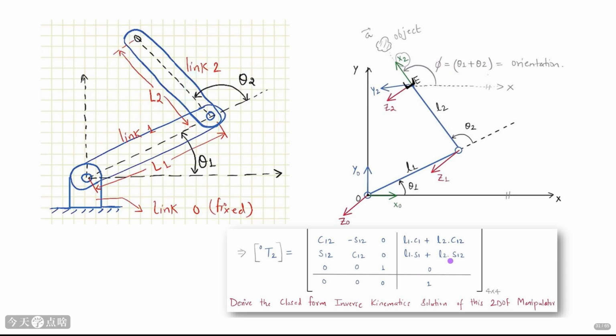The position part of this matrix is given by the vector L1 times C1 plus L2 times C12, L1 times S1 plus L2 times S12, 0, where C1 is cosine of θ1, S1 is sine of θ1, C12 is cosine of θ1 plus θ2, and S12 is sine of θ1 plus θ2. Our goal is to solve these equations for θ1 and θ2. This is a classic problem with a well-known geometric solution.